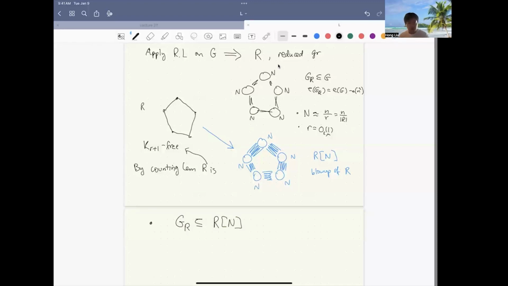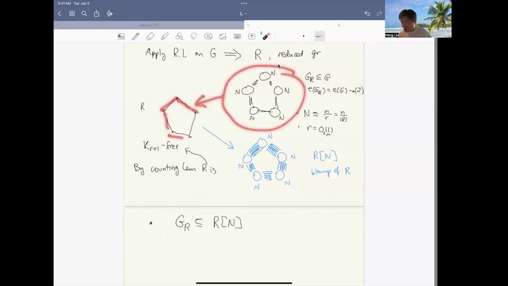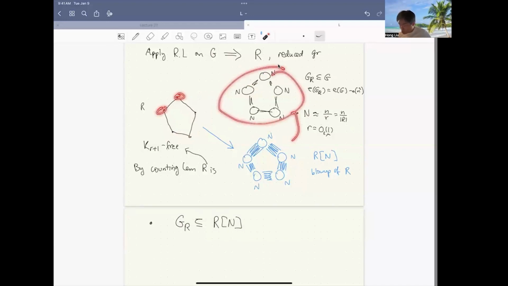This is almost trivial. Why? Well, G_R is those edges in G between clusters that are linked by an edge in R, and the blow-up of R is exactly the same thing, but I put all edges between clusters. So of course, this is a subgraph of that. No problem.